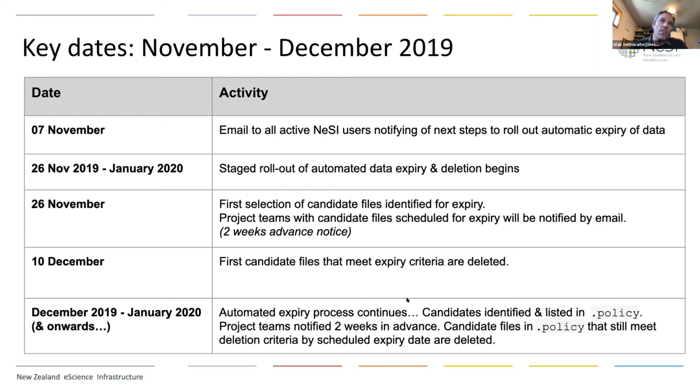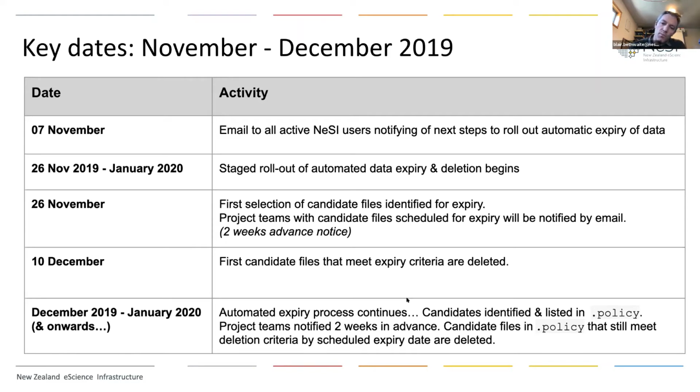Then 2 weeks later, on the 10th of December, those first candidates will get deleted. And so later in December and through into January, we'll be rolling that out wider as well.